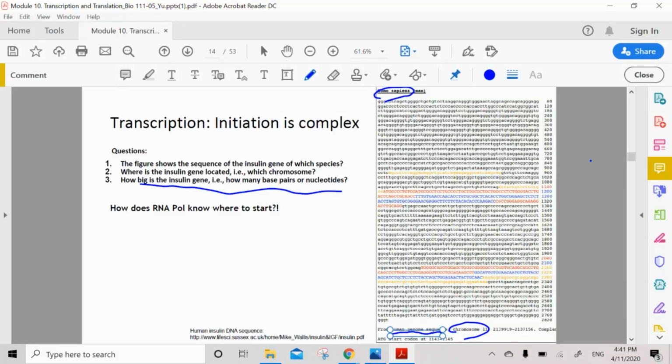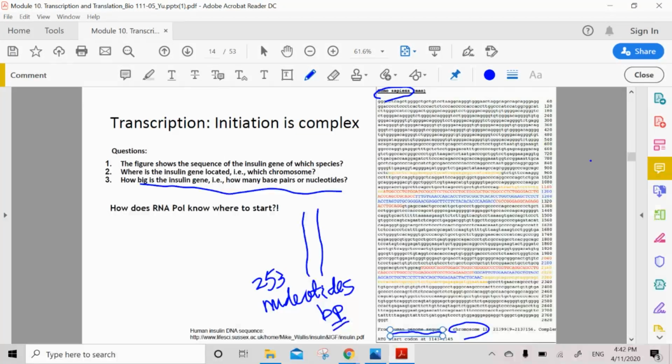So when we describe the size of a gene, we can say how many nucleotides does that gene have. So we may say, oh, this gene has 253 nucleotides. We can say it that way. Or some people may use, instead of nucleotides, they may say base pairs, and it's often abbreviated as BP.